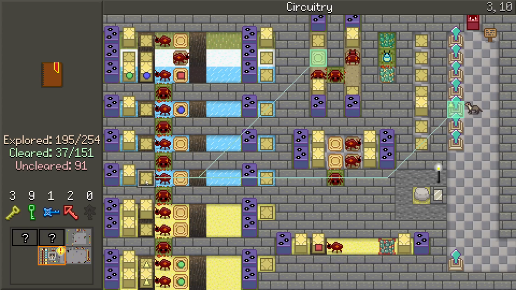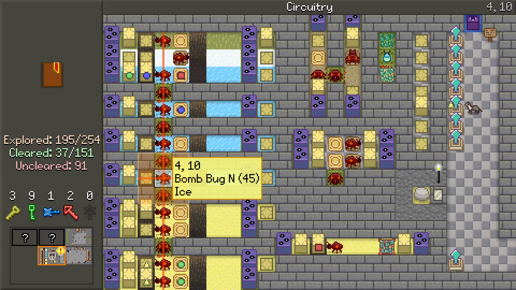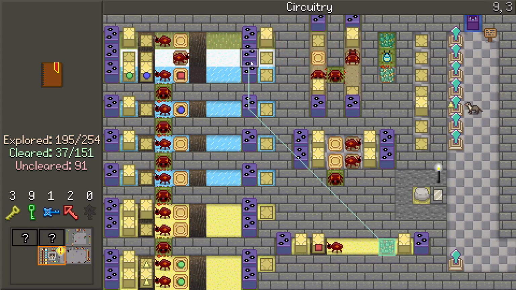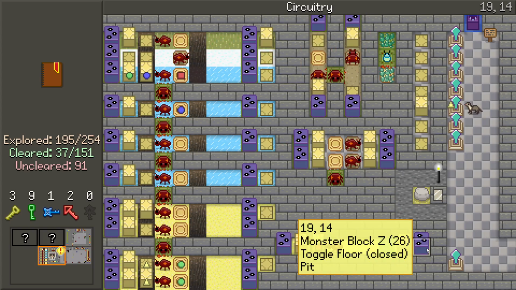Doesn't that effectively mean this door is just literally always open except when the room's clear? Because I take my turn, then you take your turn, and this has closed and opened before you've gotten a chance to notice. You're at 45, you're at 35. 35? Oh right, because all the monster blocks have their own move order, and all of them are before any bomb bugs.